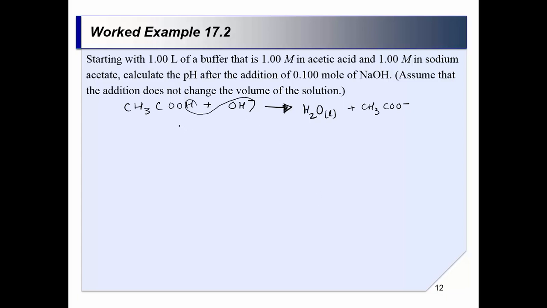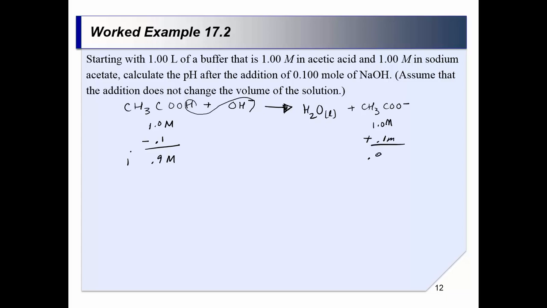So here we started with 1.0 capital M molar of acetic acid, and we also started with 1.0 molar sodium acetate, but now we're going to remove 0.1 moles, so we have 0.9 to start with for our initial concentration, and we're going to add 0.1 moles here.